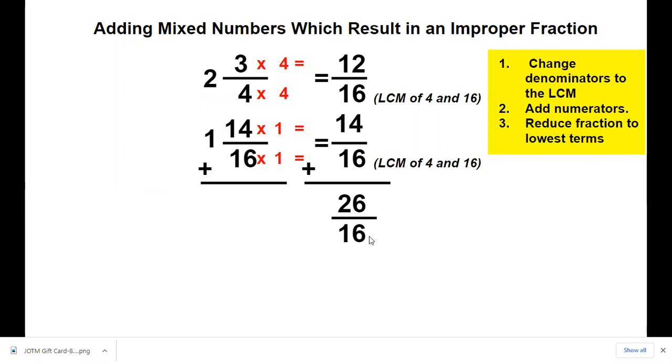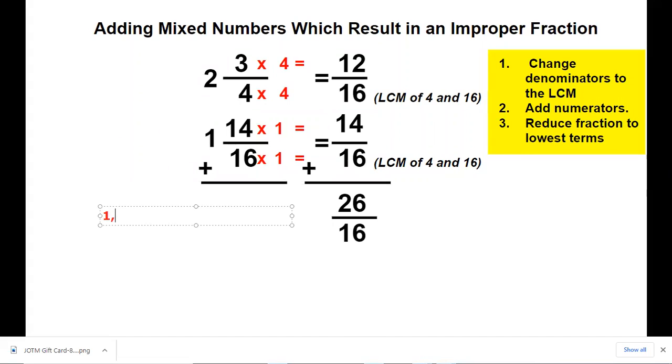Now I can reduce to lowest terms. I have to reduce the top and the bottom by the greatest common factor. So I list all of the factors of 26. 1 times 26 and 2 times 13. Then I list all the factors of 16. 1 times 16, 2 times 8, and 4 times 4, so we'll list 4 once.